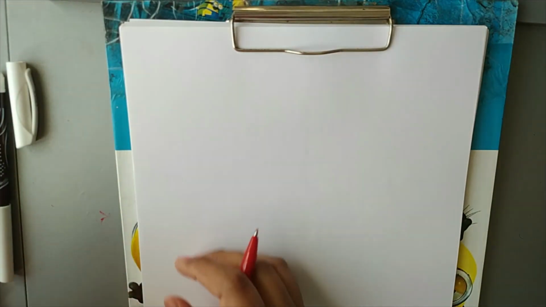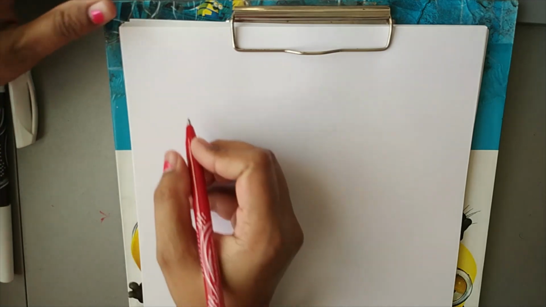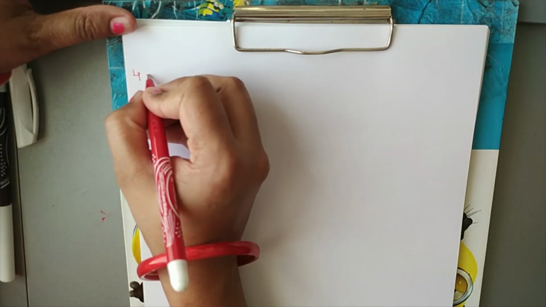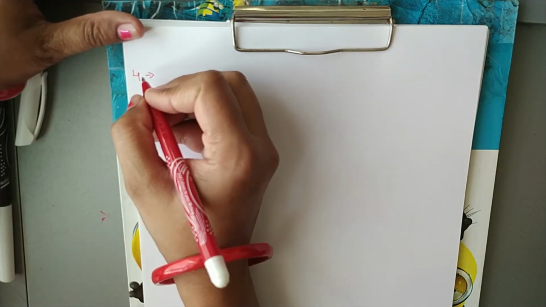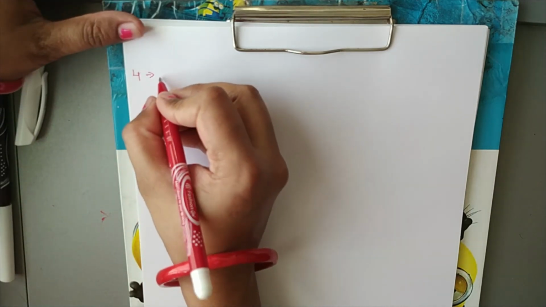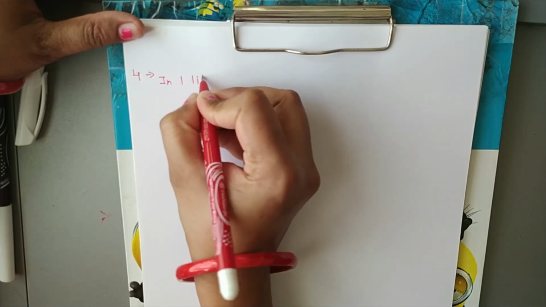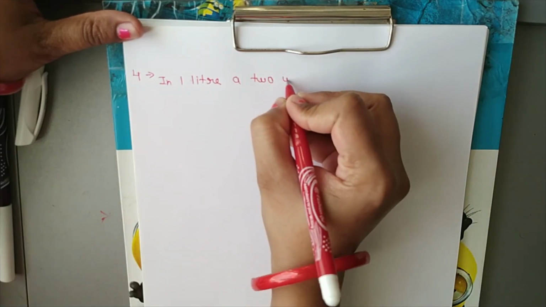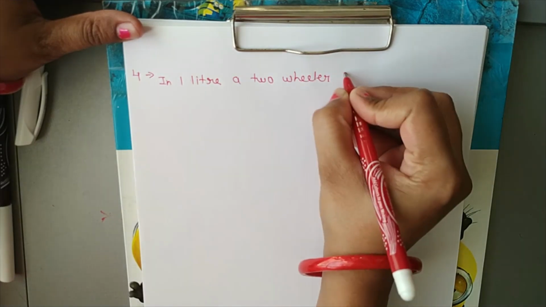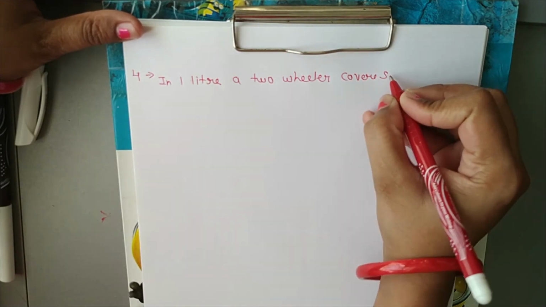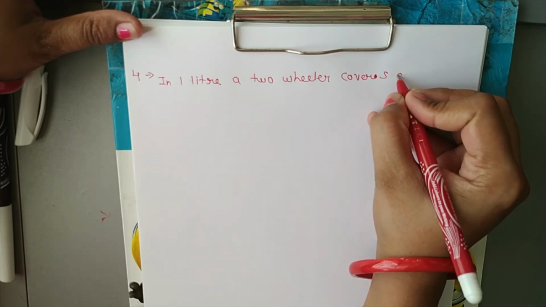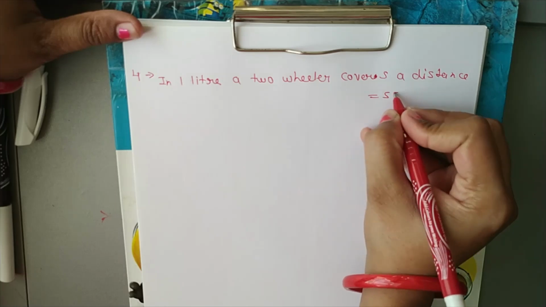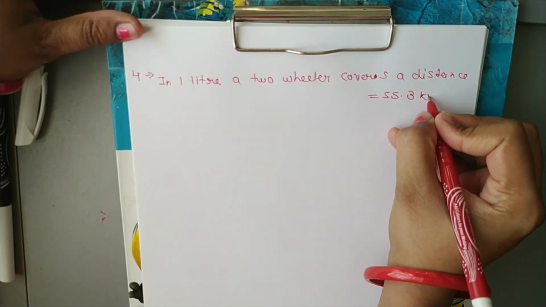Question number 4. A two-wheeler covers a distance of 55.3 kilometer in 1 liter of petrol. It means in 1 liter of petrol, a two-wheeler covers a distance of 55.3 kilometer.